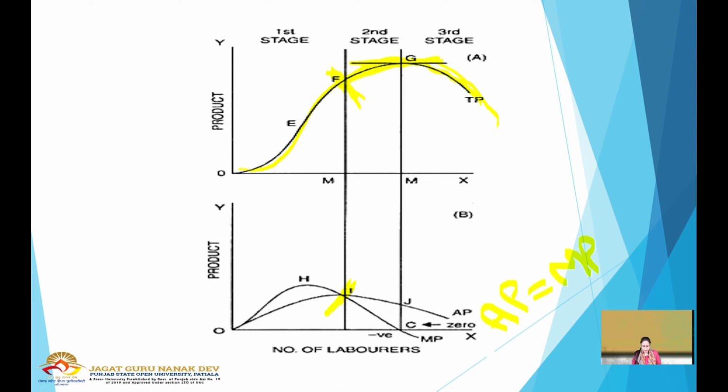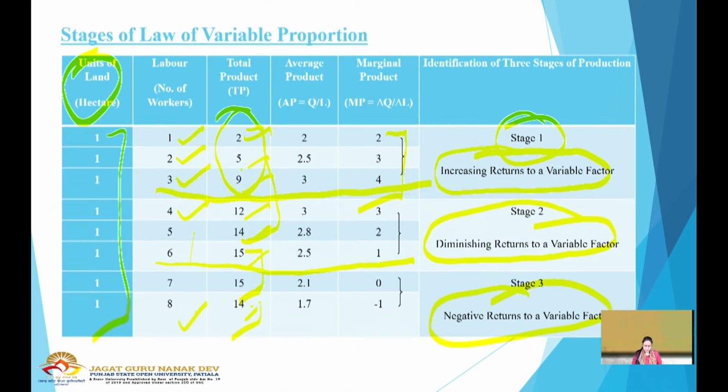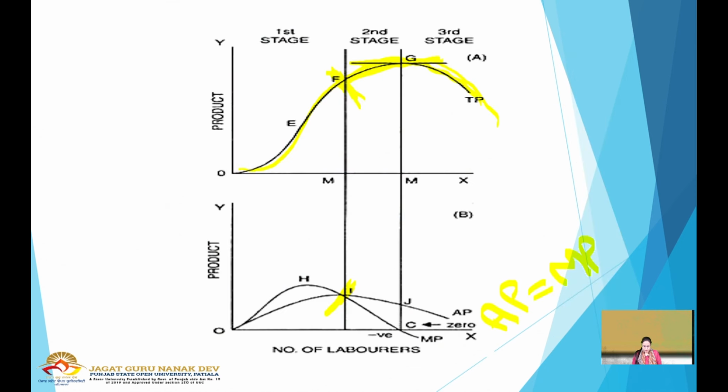After that, AP and MP both are decreasing as shown in the table. Marginal product is decreasing. So here you can say this is the point where marginal product becomes negative, and here there is a maximum total production.